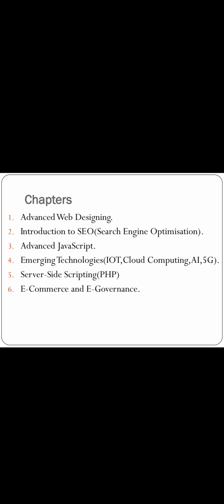Now what is IoT? IoT means Internet of Things. So what is the Internet of Things? This is a network where all the physical devices are connected to each other and communicating with each other. Then next we have cloud computing. We have already seen cloud computing basics in 11th standard. So what is cloud computing?